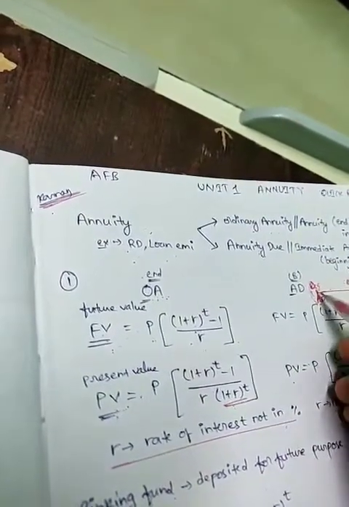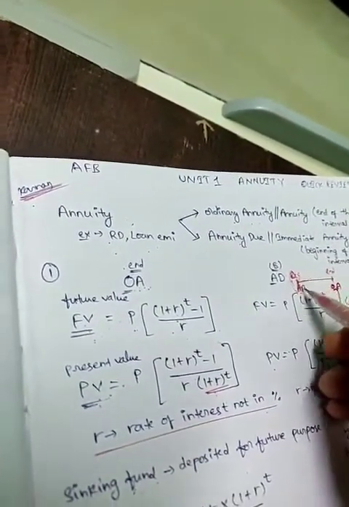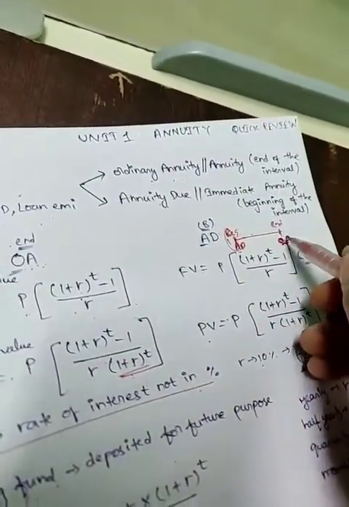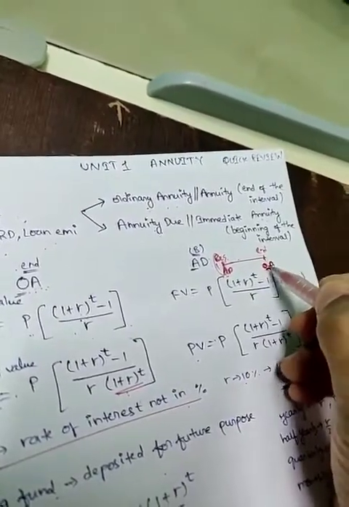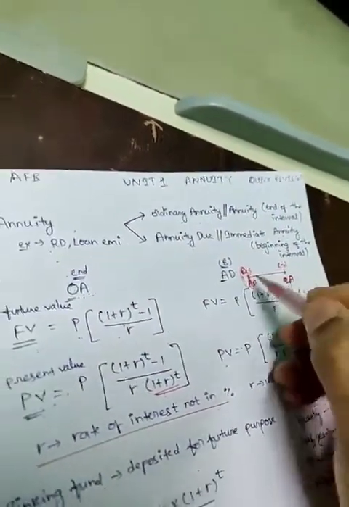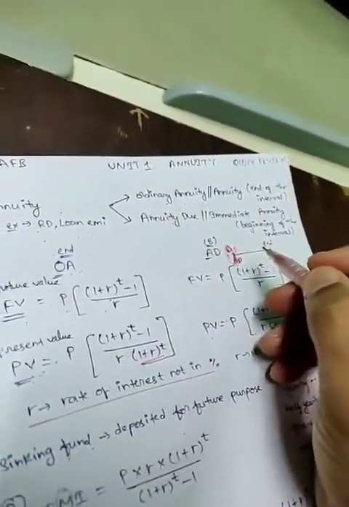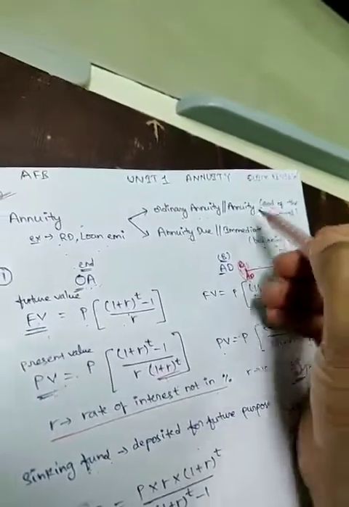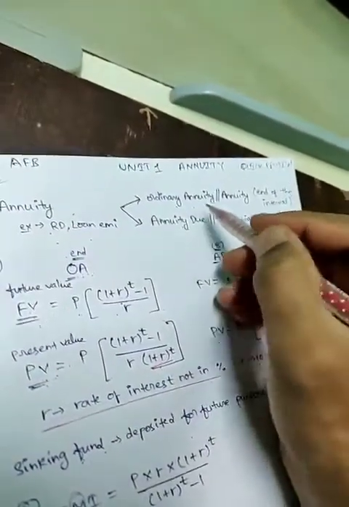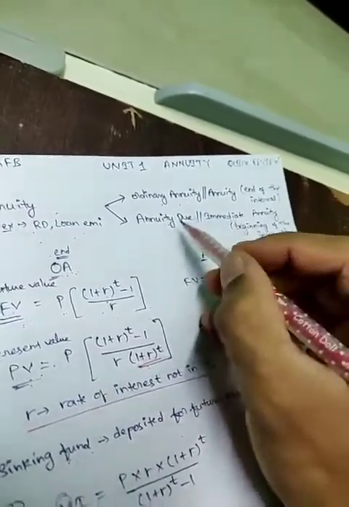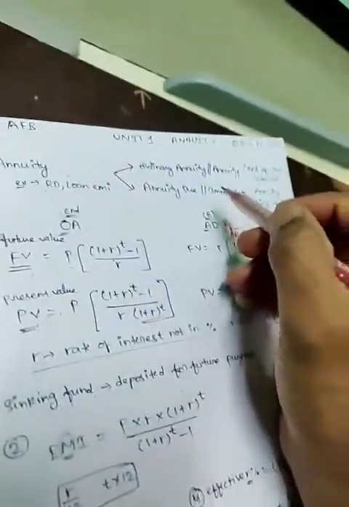Remember like this: if we pay at the beginning of the month, annuity due, A and B. If we pay at the end of the month, we call it ordinary annuity. Ordinary and end. Okay, AB, ordinary, end. In a question, they might also mention annuity, which is also called ordinary annuity, and immediate annuity, which is also called annuity due.